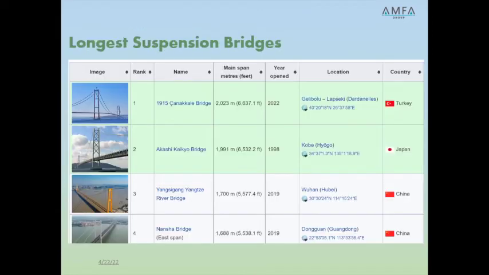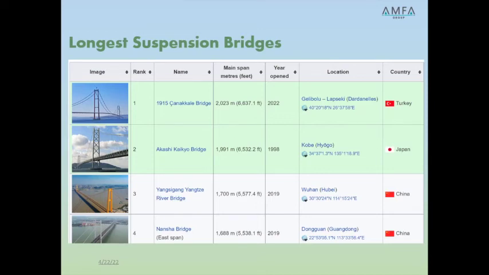Across the globe, Turkey has the longest span suspension bridge, the Canakkale suspension bridge, which is an engineering marvel and a beautiful structure connecting Europe and Asia. The span is more than 2 kilometers.